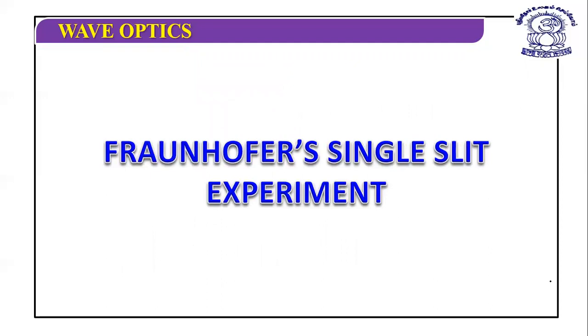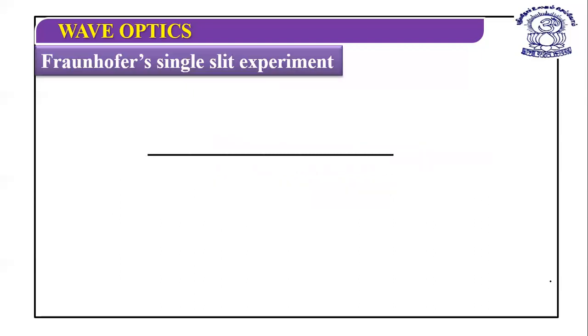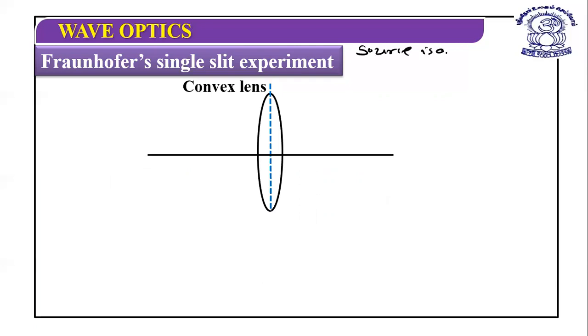First, let us see the Fraunhofer diffraction, or Fraunhofer's single slit experiment. Here, the source is at infinity, so light rays are coming from infinity.